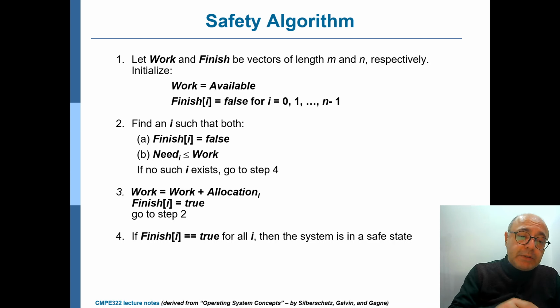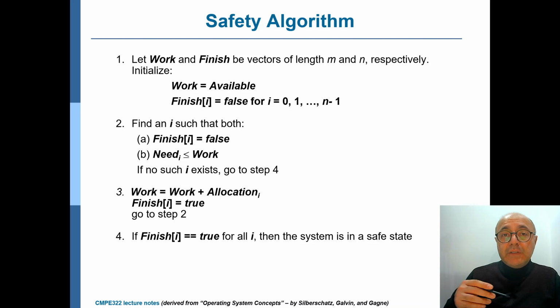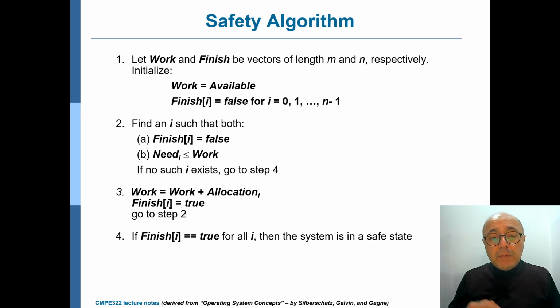And go back to step 2, repeating this for all processes. So that means among all processes from 0 to n minus 1, among those n processes, doesn't matter in which order, but try to find a process that could complete, good, add its allocated resources to the set of available resources, and see now if you can complete another process.